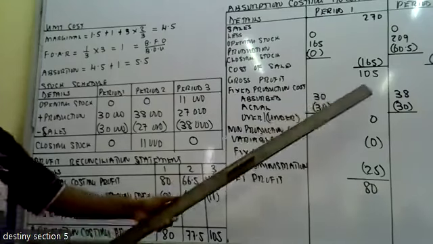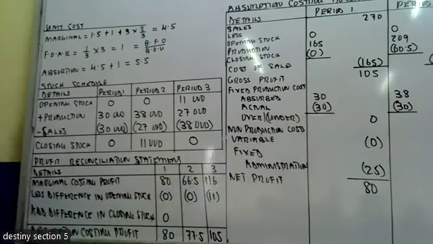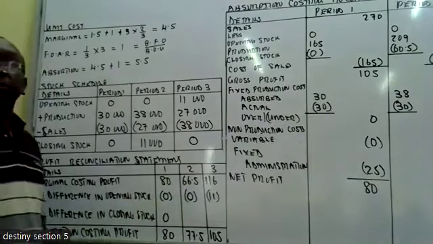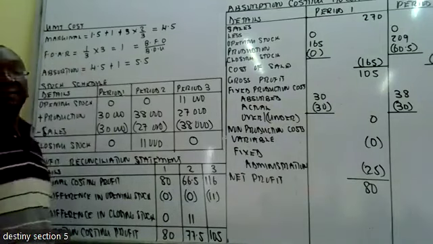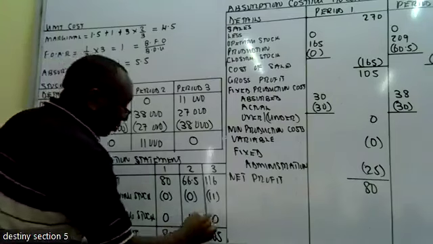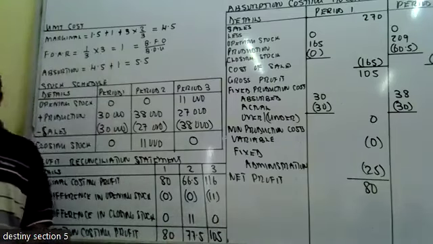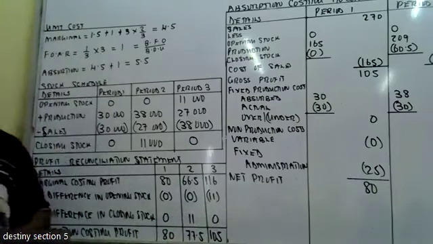Period 2, the difference is what? So the difference between the two stocks, 11. And period 3, the difference is what? 0. Now, if everything is all right, these figures should agree.